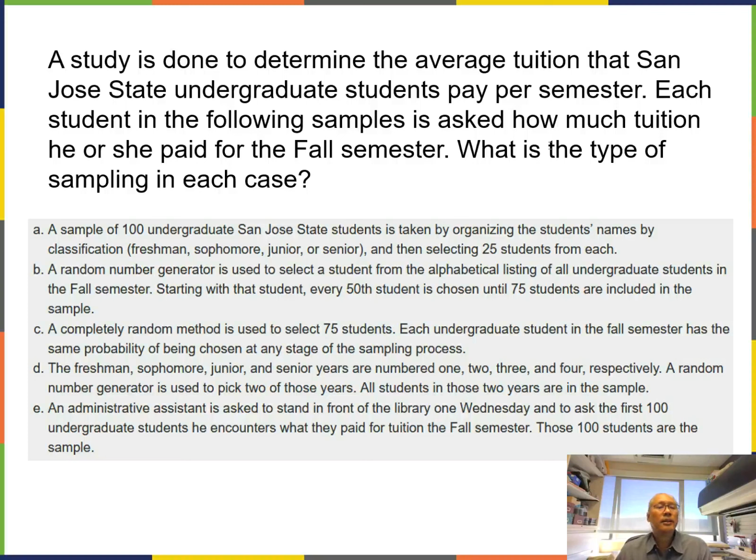So here are examples of some samples. The study is done to determine the average tuition at San Jose State, and each student in the following samples is asked how much tuition he or she paid in the fall semester. What type of sampling is used in each case? Let's take a look at the first one. A sample of 100 undergraduate students is taken by organizing students' names, classifying them as freshman, sophomore, junior, senior, and then selecting 25 from each.